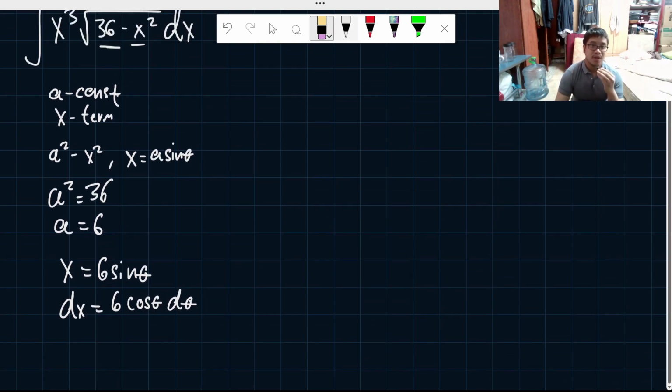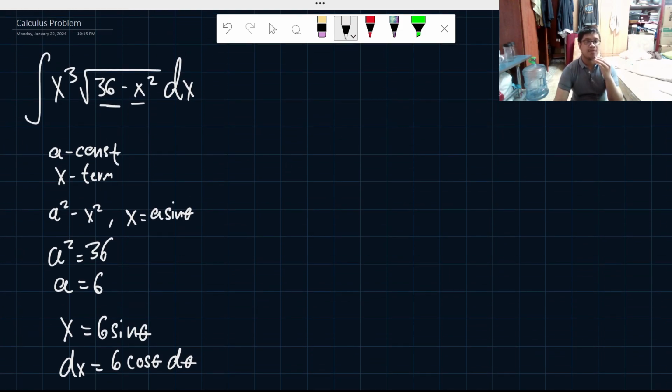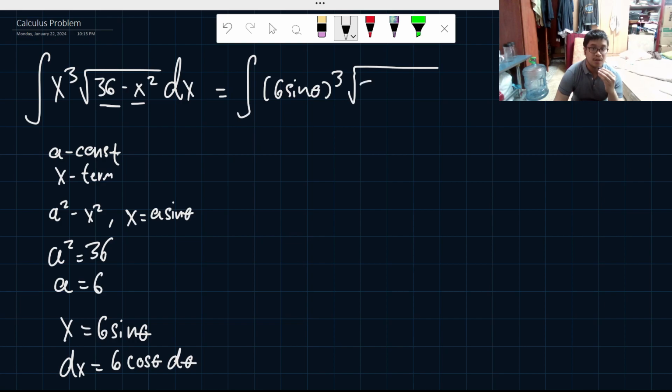Now, what you will be doing is substituting x here and your dx here. Remember that your x is 6 times sine theta. So, 6 sine theta cubed times the square root of 36 minus your x squared, so the square of 6 sine theta.